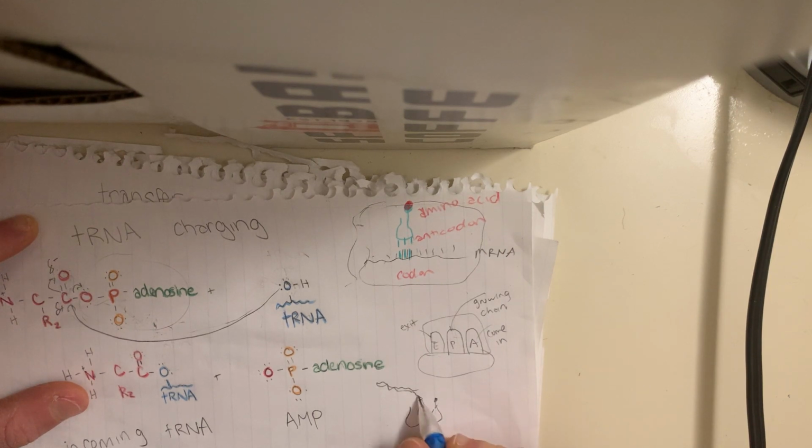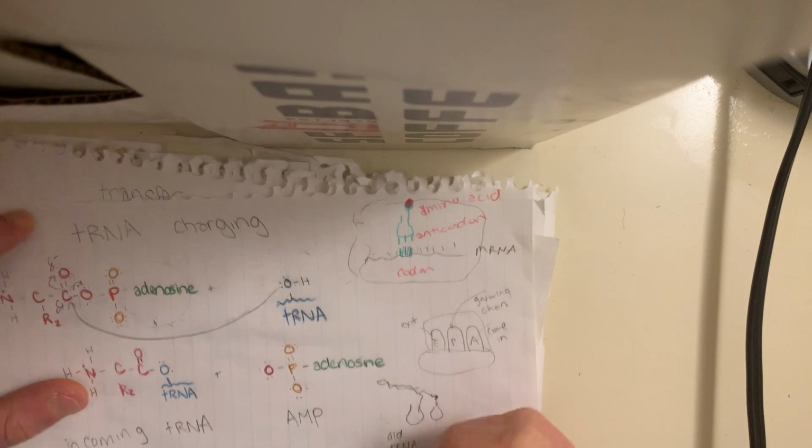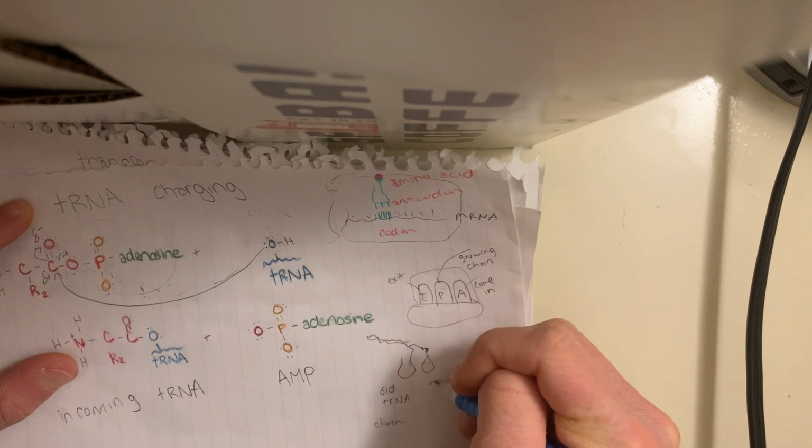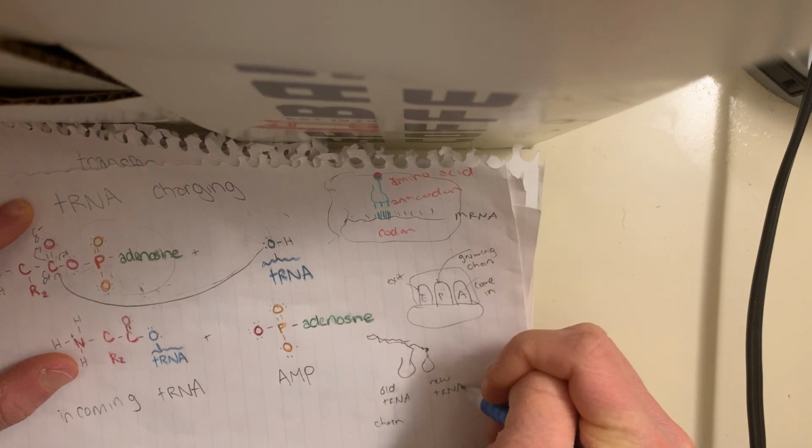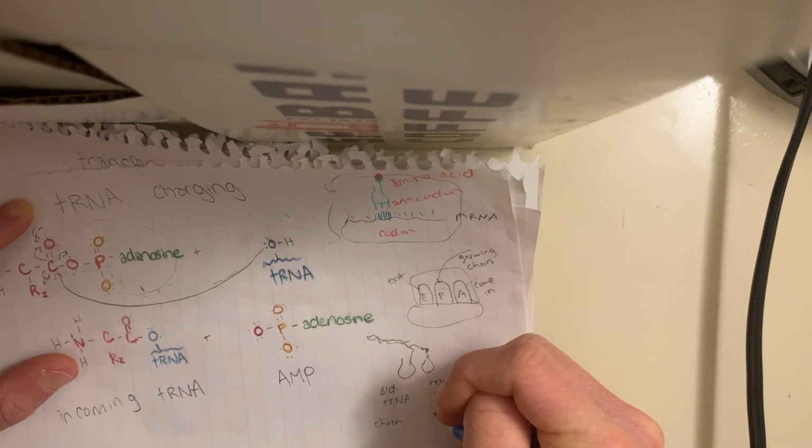This whole chain is going to get transferred onto this new tRNA. So this is our old tRNA, which has the growing chain, and this is our new tRNA, which has just the 1 amino acid.